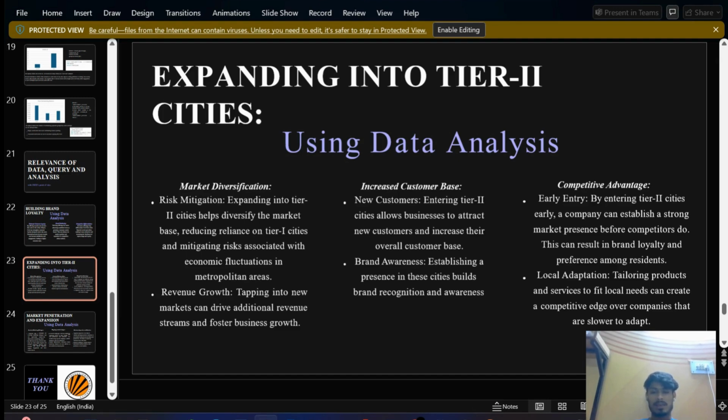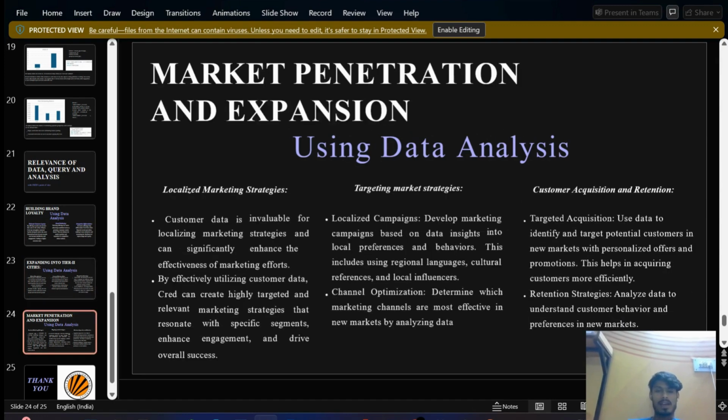Second is increased customer base: the cities which have a lower customer base have to increase their customers. The third one is competitive advantage: early entry into tier 2 cities can help the company establish a strong market presence before the competitors do. And the last one is market penetration and expansion using data analysis.